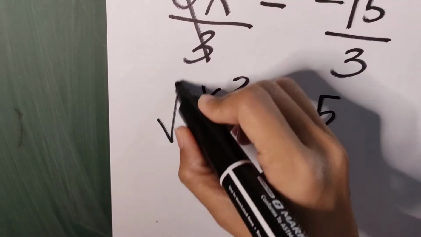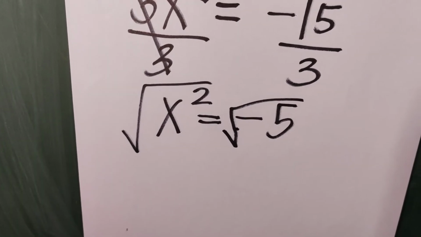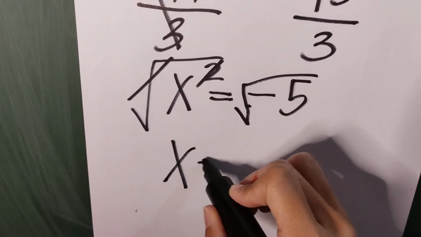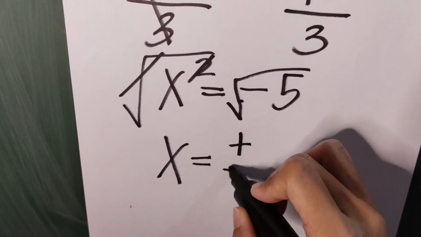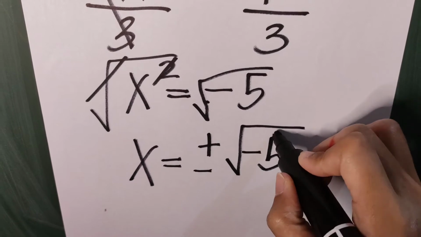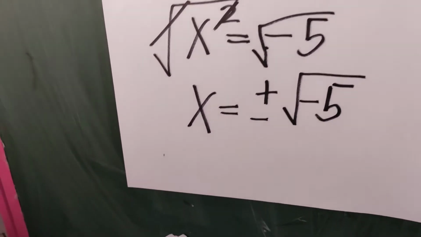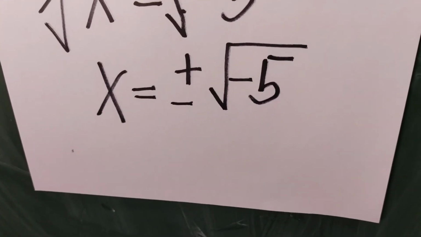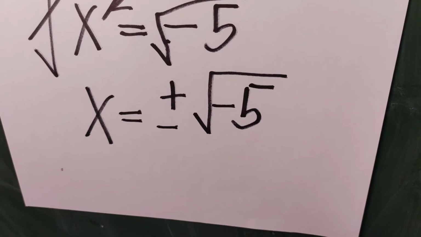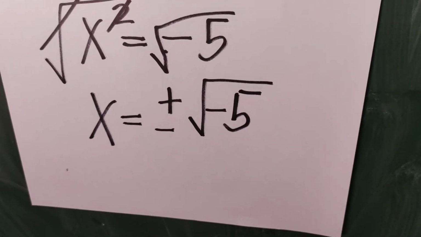So, the square root of x squared and the square root of negative 5. Square root of x squared is x is equal to positive negative square root of negative 5. So our solutions are x is equal to positive square root of negative 5 and x is equal to negative square root of negative 5.